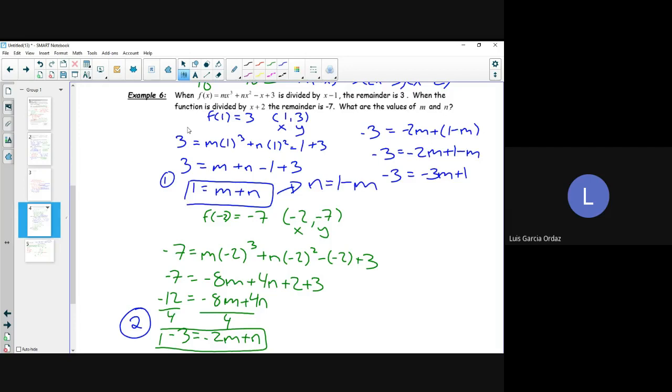We're going to move the 1 over, so we get negative 4 is equal to negative 3m. And what do we divide both sides by now? Negative 3. So we get m is equal to 4 over 3.